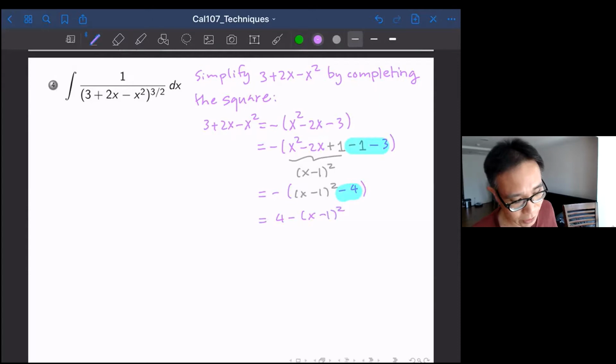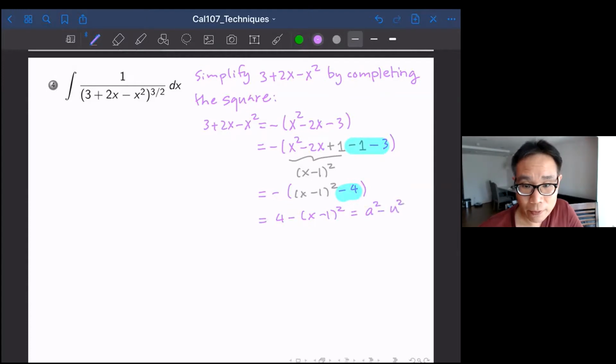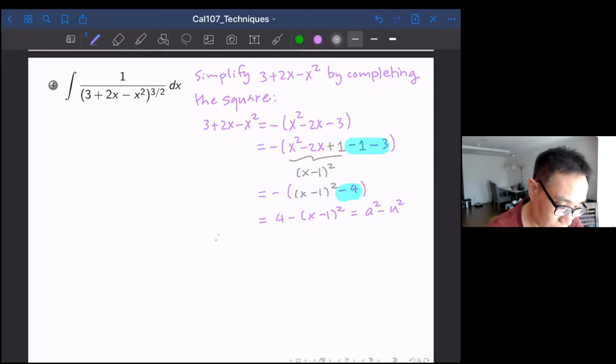So you have 4 minus (x minus 1) squared, and this falls into a squared minus u squared.